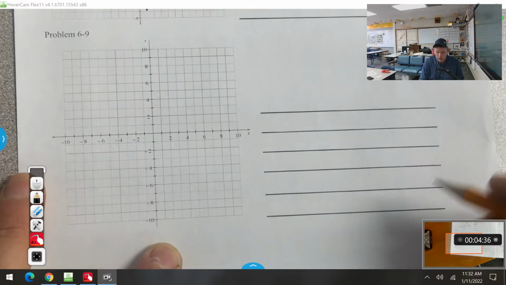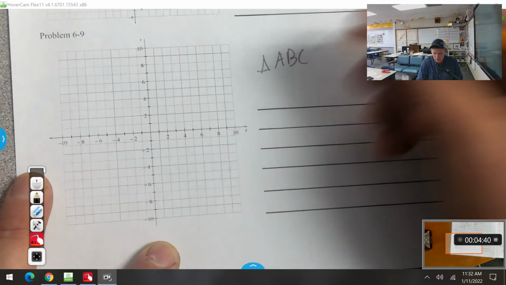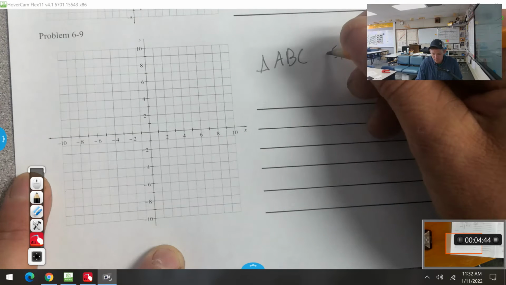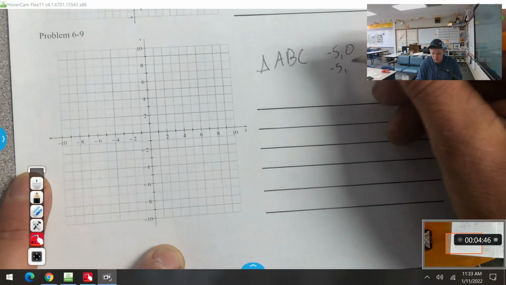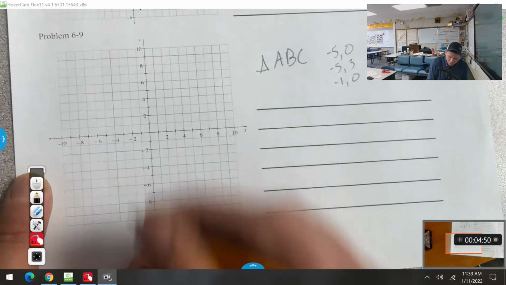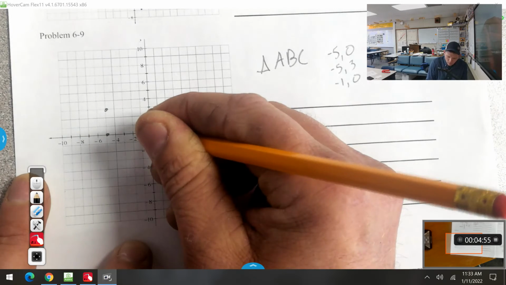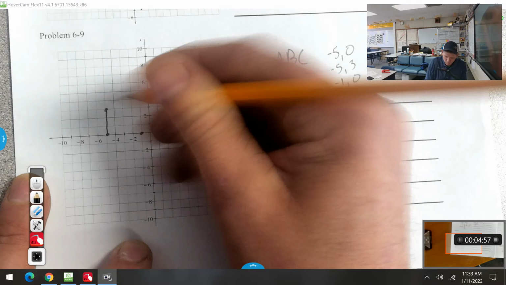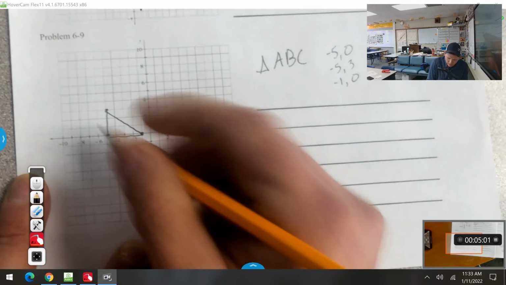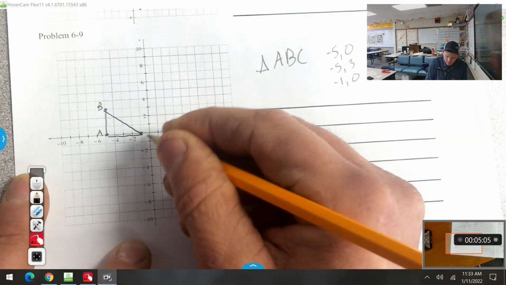We're going to start with triangle ABC with coordinates (5, 0), (-5, 3), and (-1, 0). So let's plot those points now. I'll do my best to keep my ugly hands out of the way. So here's A, B, and C.